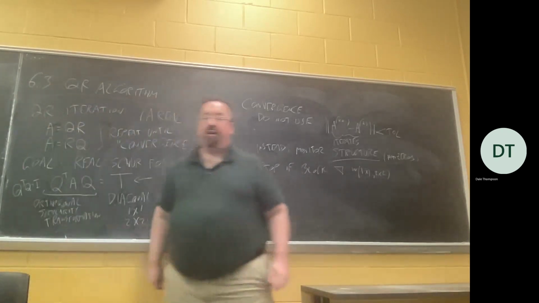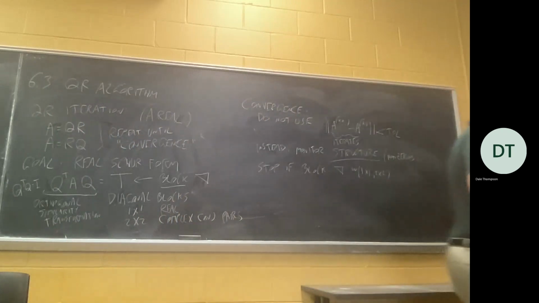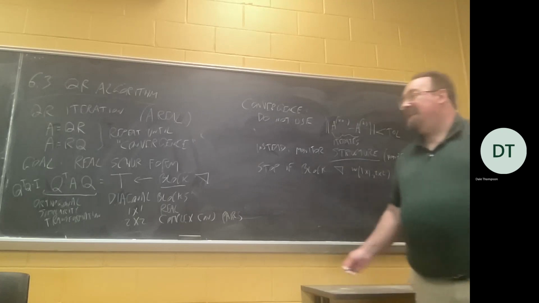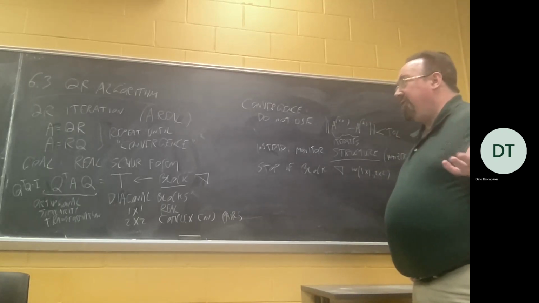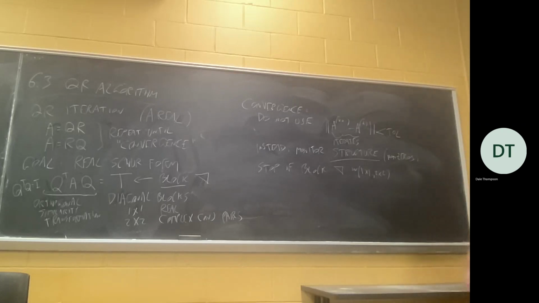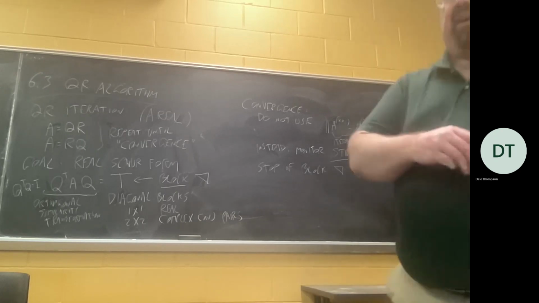Q transpose Q is identity. In general, a similarity transformation is something like P inverse AP. But if it's orthogonal, the transpose is the inverse. And we definitely wanted to keep those kinds of transformations because we don't want to have to compute the inverse of a matrix ever. And now we don't have to.